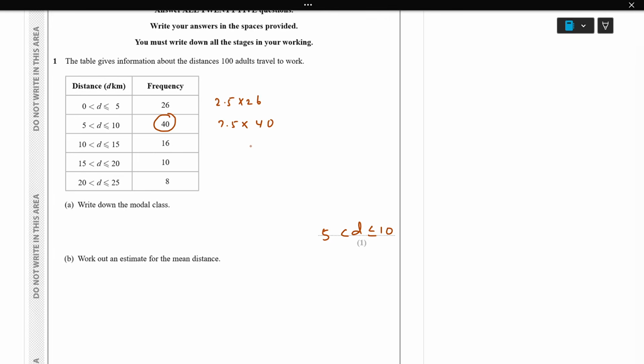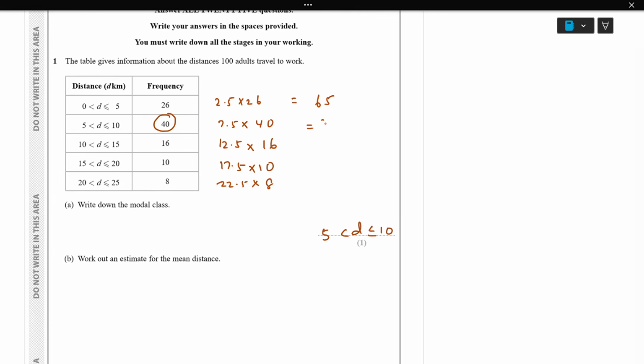Then 12.5 is a midpoint, 12.5 times 16. Next midpoint is 17.5, 17.5 times 10, and 22.5 times 8.